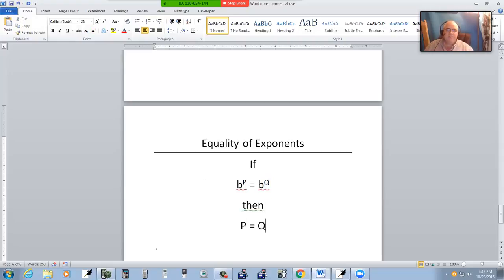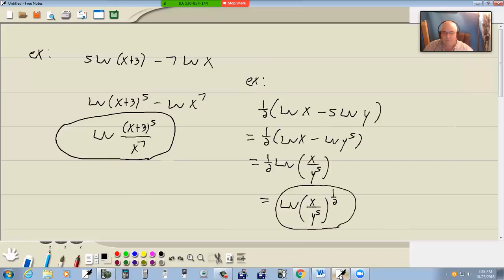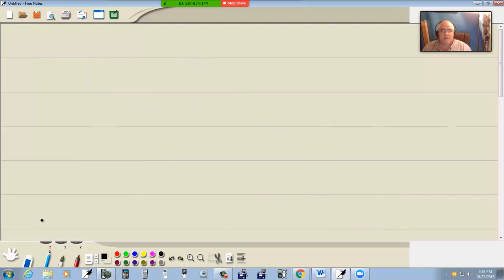Fairly simple idea. Sometimes not so simple to get in the right form. Let me clear this off. For example, if we have 2 to the x is equal to 8, the equality of exponents, what we do is we start with our larger number, typically, and we try to rewrite it as the other number to a power.